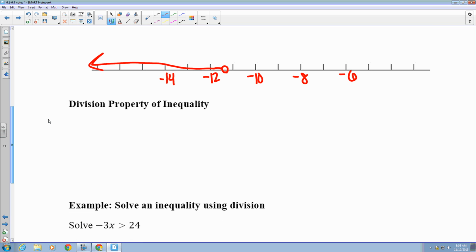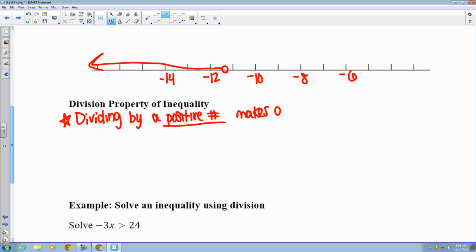Okay, now we have the division property of inequality. Again, there's two parts. First part, in dividing by a positive number, that makes an equivalent inequality.